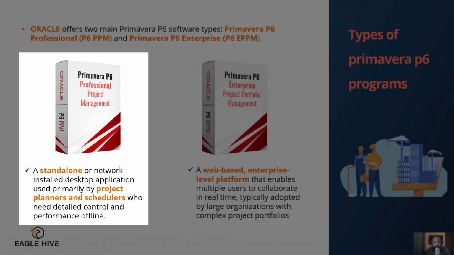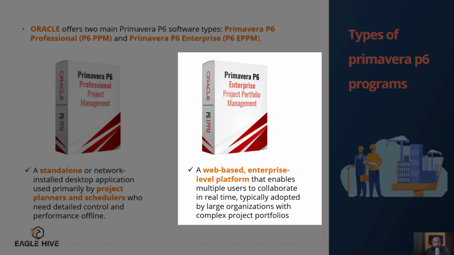This is a standalone network-installed application that runs on your laptop. It is mainly used by P6 planners and schedulers. It's the main application that you see the majority of people using. We can also say it is the first project management tool that many P6 engineers tend to learn. After you have learned how to use the PPM, you advance by learning the EPPM.